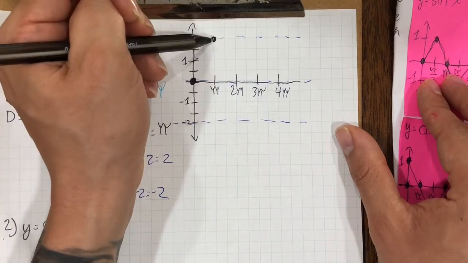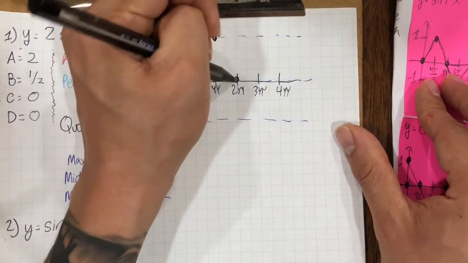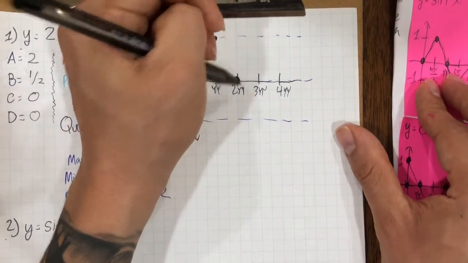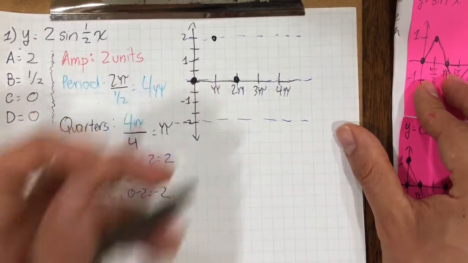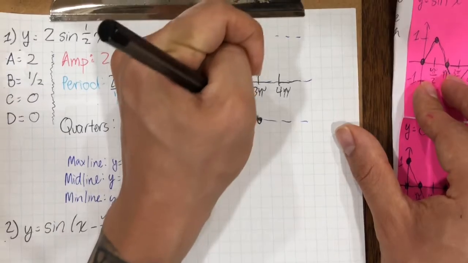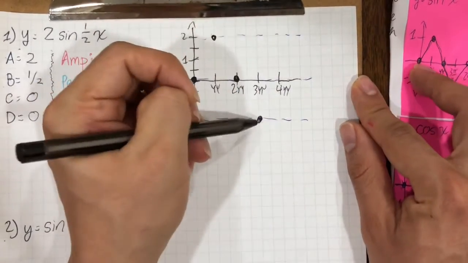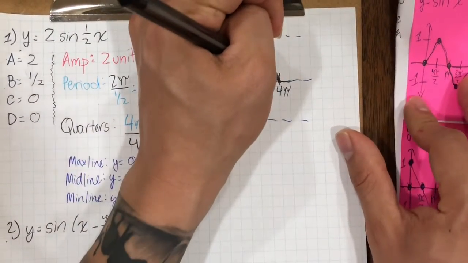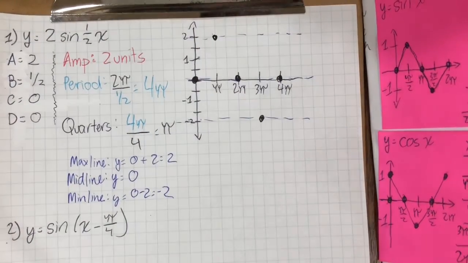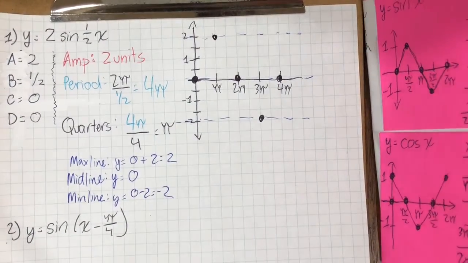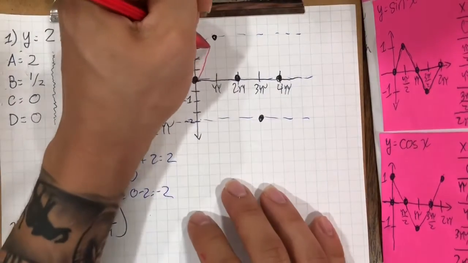So I'm going to go from max to mid. And then I have mid to minimum. And then min to mid. All right. And then I'm going to connect my points using a red pen.